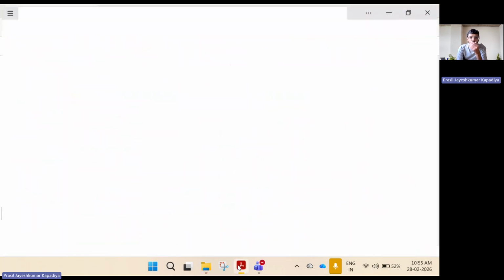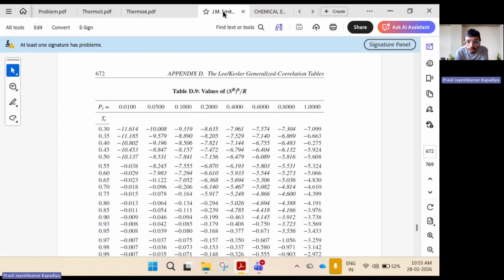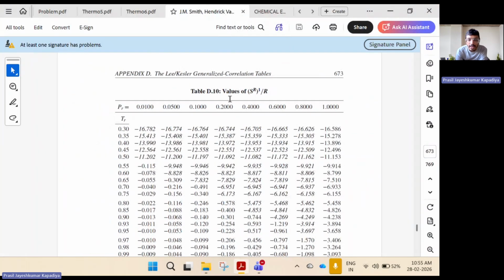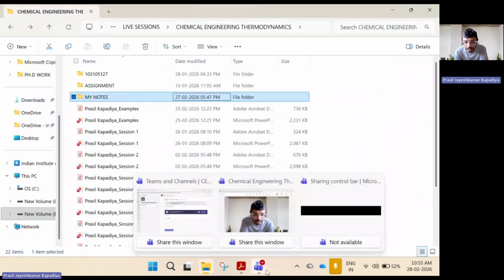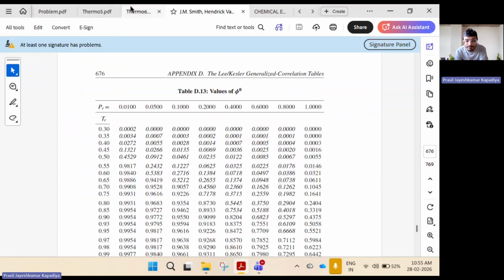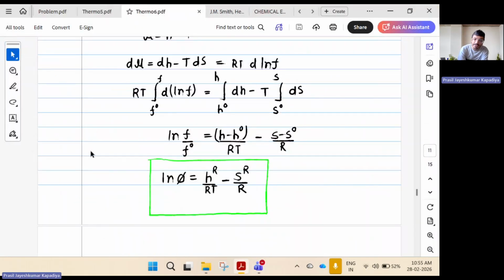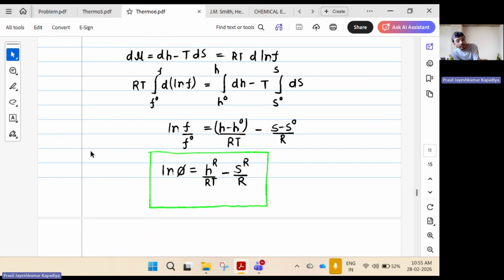Similarly, the same thing we can do for SR0 by R and SR1 by R for various conditions. And from this also we can directly estimate the value of phi.